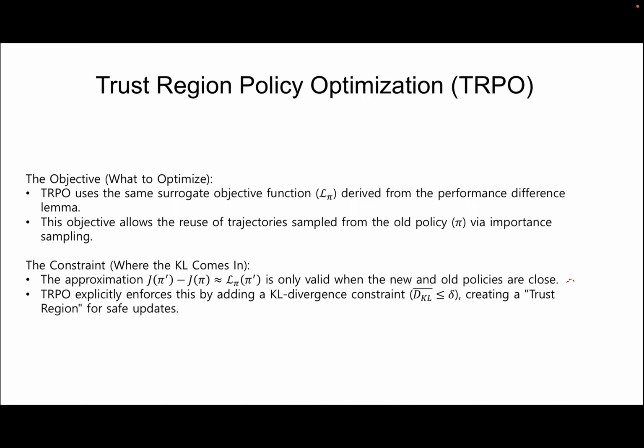TRPO explicitly enforces this by adding a KL divergence constraint, creating a trust region for a safe update, right? TRPO, trust region, is some region where the policy functions are close, where the closeness is defined with the KL divergence. That is the constraint that we need to apply when introducing TRPO.